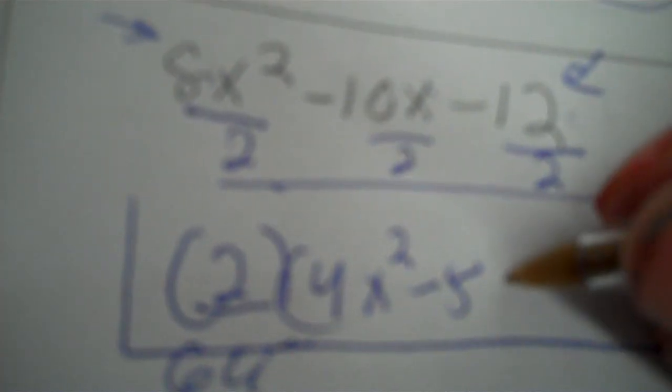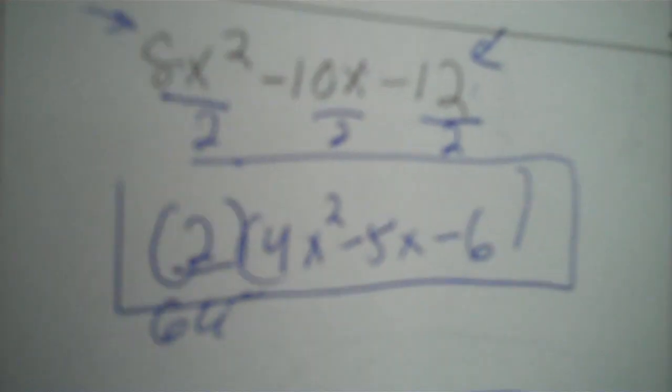So that's 4. Now the x second, I'm not putting an x under it, so it will remain as x second. And then negative 5, there's an x, but I'm not putting x under it, remains as x. The negative 12 divided by 2 is negative 6. Okay? So what do we do at the GCF? Bring it over, cross it off, cross out the original, and that's the new trinomial we need to put in factored form. Okay?